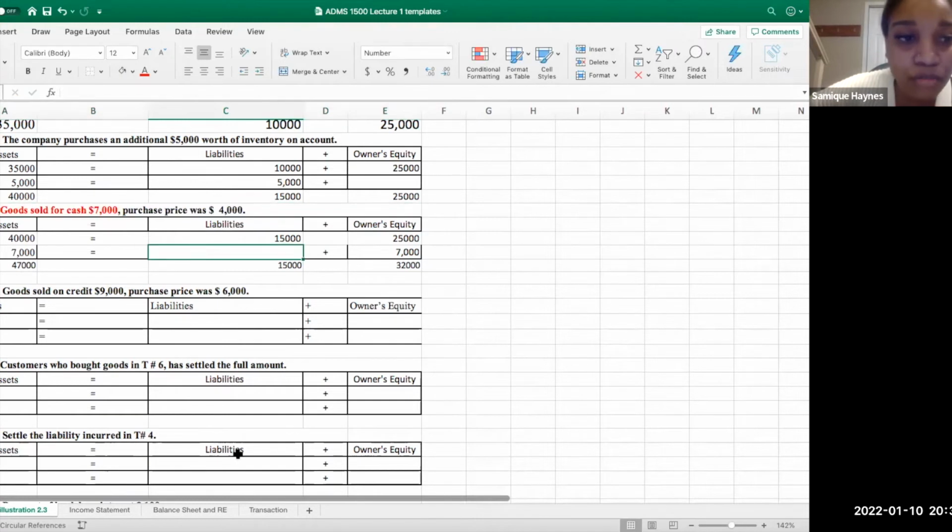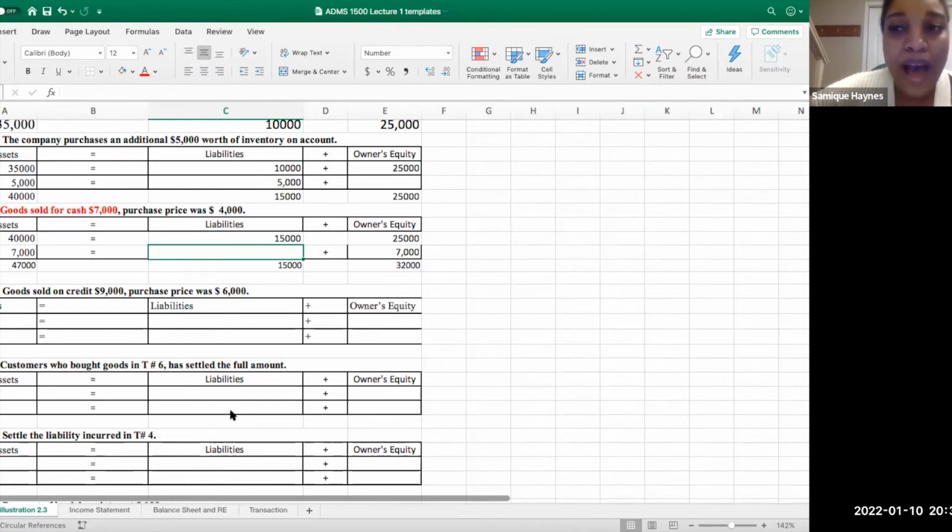But now that we're finished recognizing a sale, remember that. Stop. Write this down. When you sell something, you have to record the sale. To record the sale, you are going to increase equity. Always increase equity.